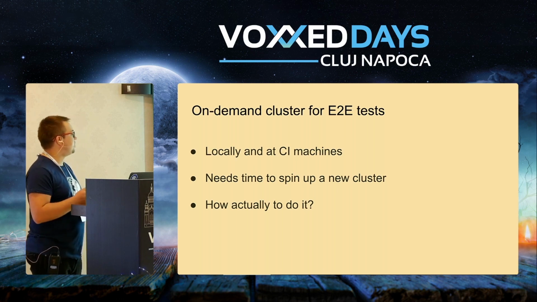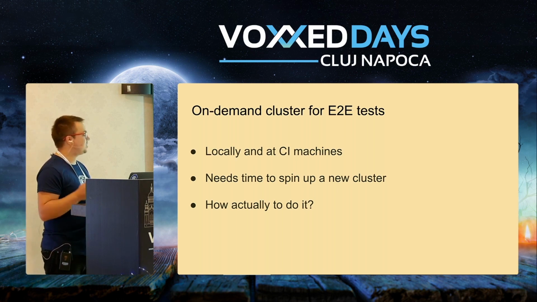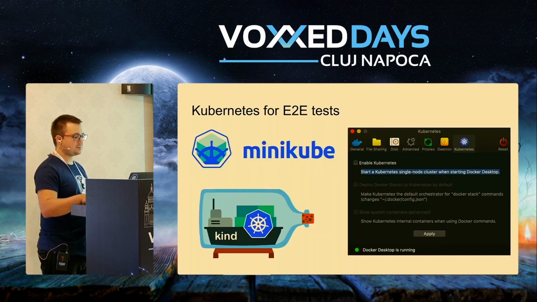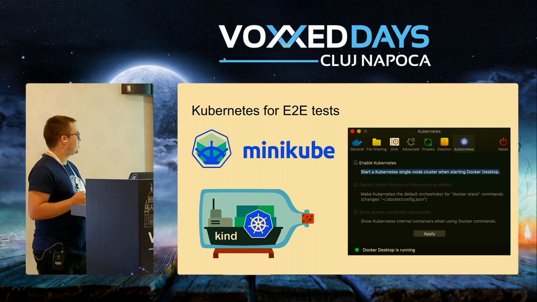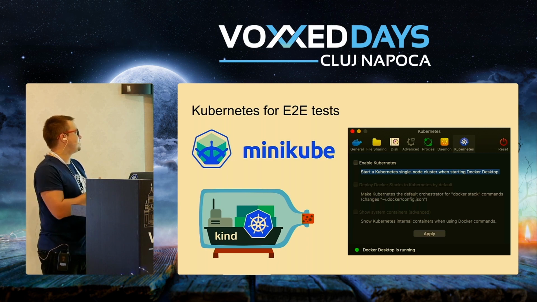So if you want this kind of approach, how can we actually do this? I think there are a couple of options. One of them is Minikube. If you're already running your cluster in Kubernetes, then you already know something about Kubernetes, and you might go with Kubernetes for your end-to-end test.